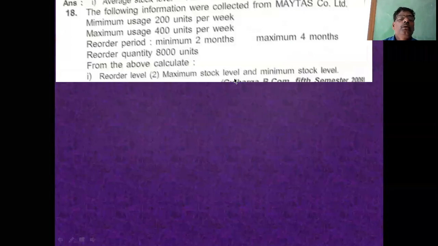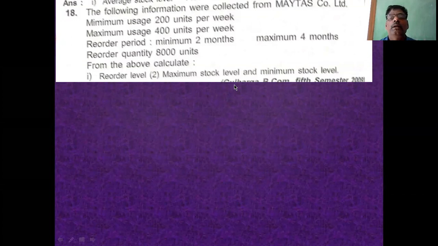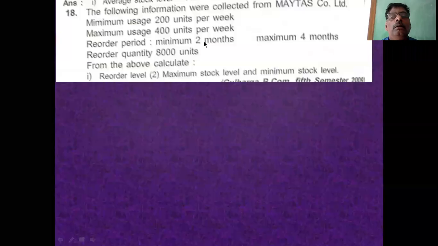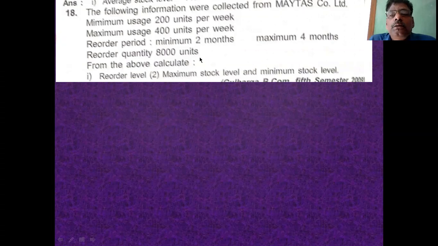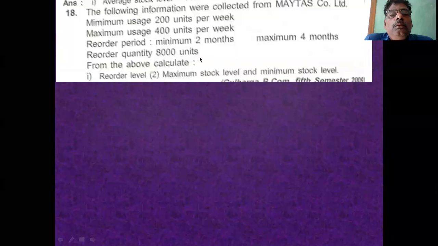Then you have to convert one of them. If you want to convert the delivery period, which is in months, convert it into weeks. 2 months means how many weeks? And 4 months means how many weeks? You may convert it into weeks, no problem.